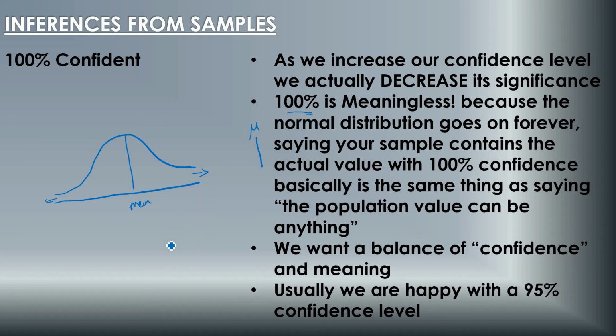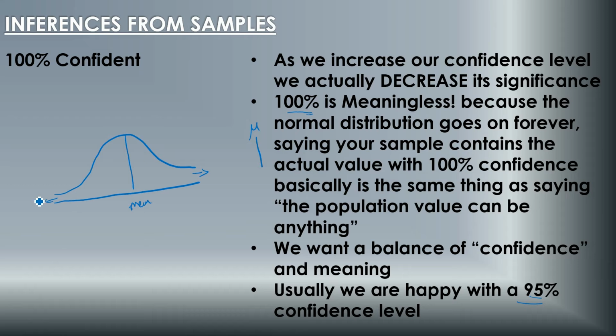So we want a good balance between having a meaningful confidence interval and actually being able to say, hey, we think with some certainty, well, I want to be careful of that word, but, we're close to where the population actually is. So we could generally be happy with a 95% confidence interval. That's still pretty good.